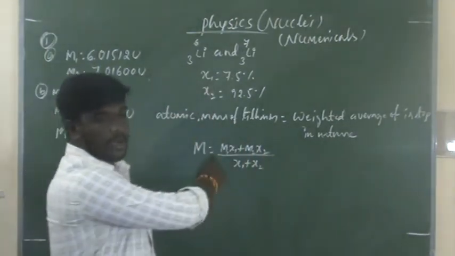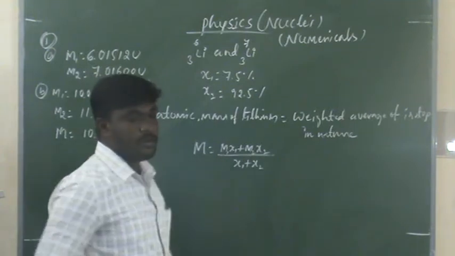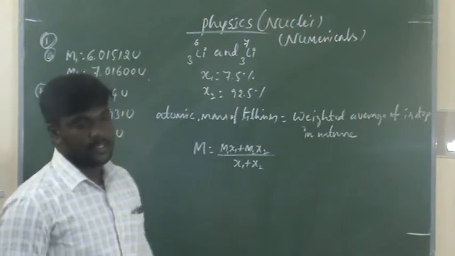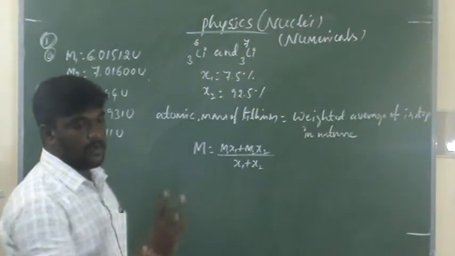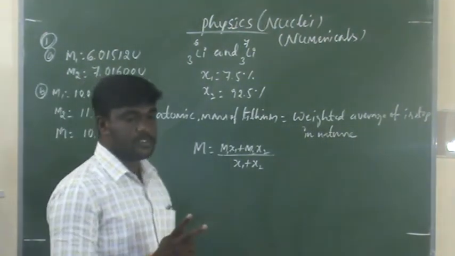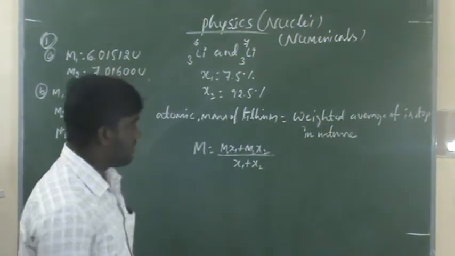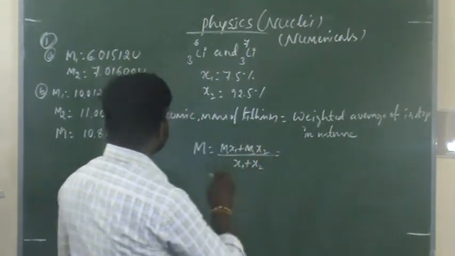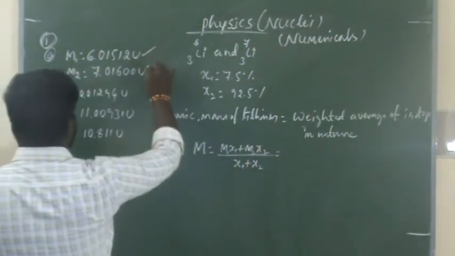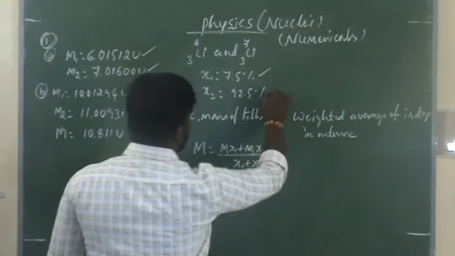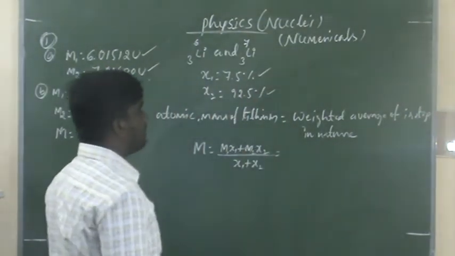Here the small m is the mass of the isotope and x is the abundance. They have already given two isotopes with their masses and abundance. So m1 and m2 are the masses, x1 is 7.5 and x2 is 92.5.